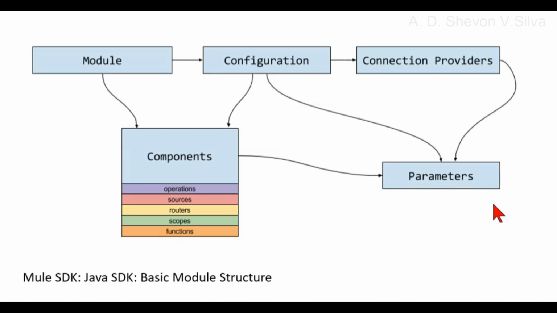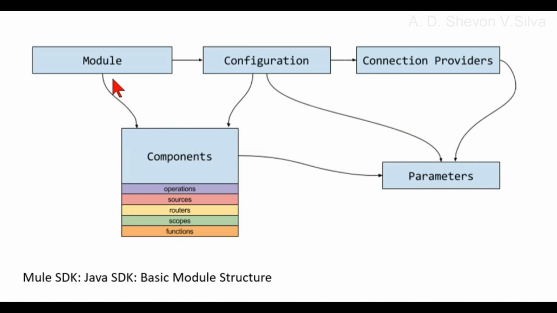Parameters are configurable arguments that belong to a given component. Configurations, components, and connection providers are called parameterizables because they can be configured through their parameters.